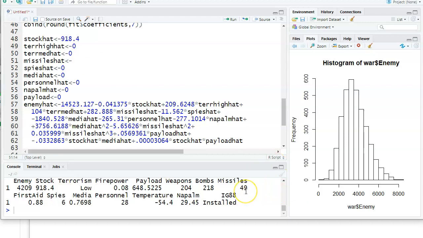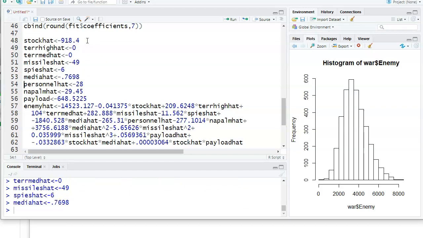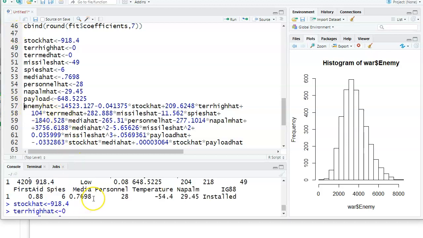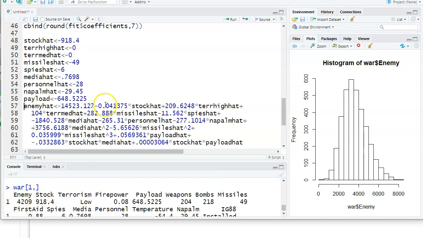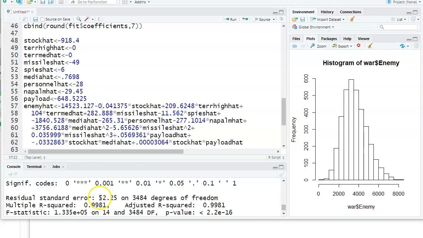Missiles was 49. And let's put in all those values. Now, when I run these, it should give me the same values as that first line. So this enemy hat value should be 4209 or something close to it, something within 50, or if I'm unlucky, maybe 100 of the correct value.